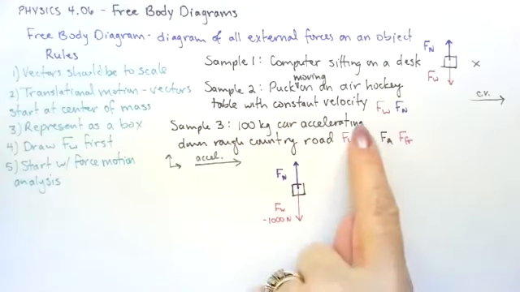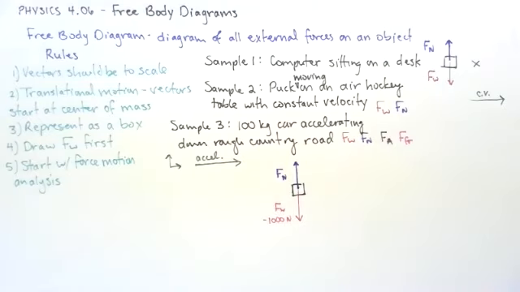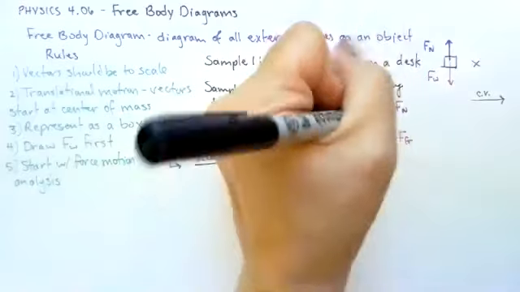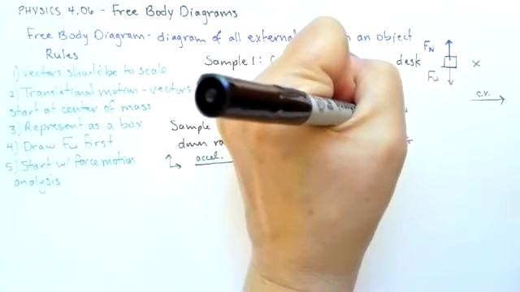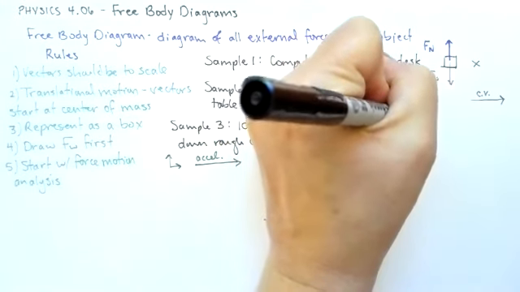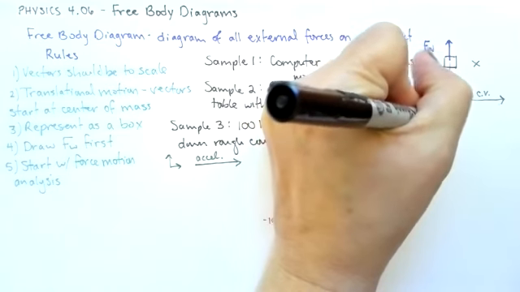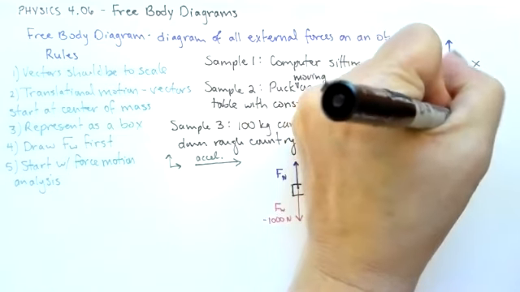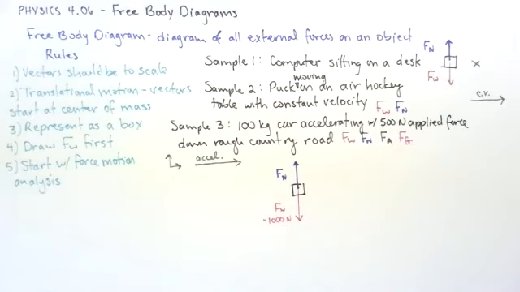Let me add something up here too. Let me give a value to that. So let's say we've got a 100 kilogram car accelerating with a 500 Newton applied force down a country road. Okay, so now I'm ready to put in my, so what were my steps here?